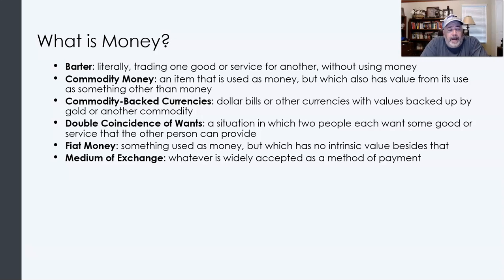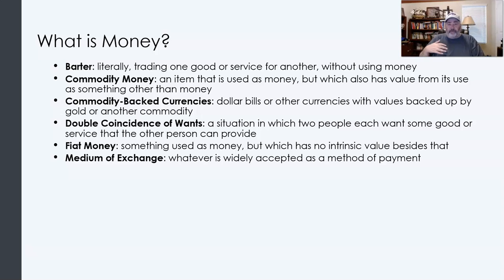Okay, and then the 3 different functions of money. One of them, the primary one, is a medium of exchange. As I said, the reason why our fiat currency has any real value at all is because we use it to transact business. In the absence of that, it has no value. The same can't be said of gold or some other kind of commodity-backed currency or commodity money.